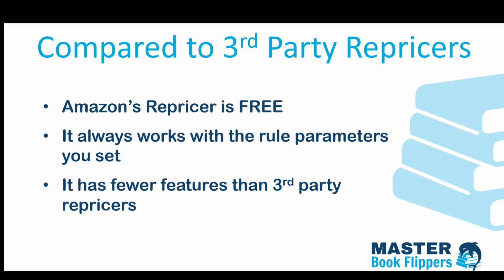Or in certain instances, you can skip and not compare your price to very specific sellers. There are all kinds of things they can do, and depending on your situation, you might want to see if that makes sense for you. But there are definitely fewer features with Amazon's repricer compared to the third-party repricers that you need to pay for out there.